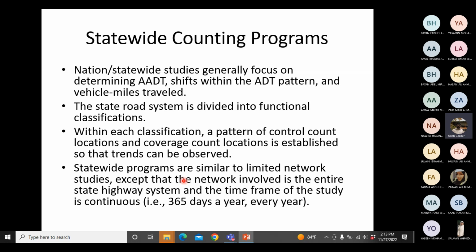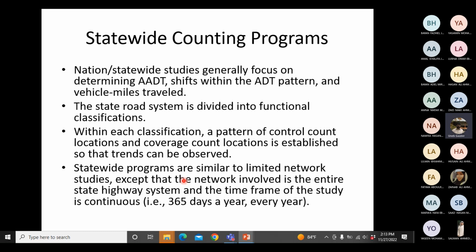In a limited network study, the counting is done once, and obviously it's for a limited network. But a statewide counting program is a continuous process which continues the whole year, and it is repeated every year. And as I mentioned earlier, this is for the entire road network.